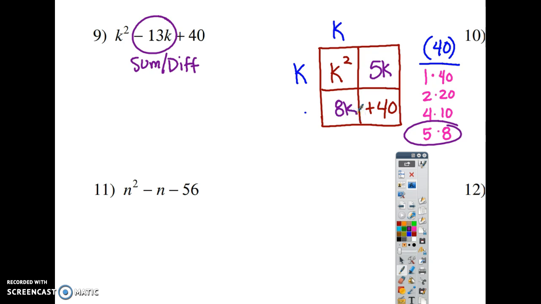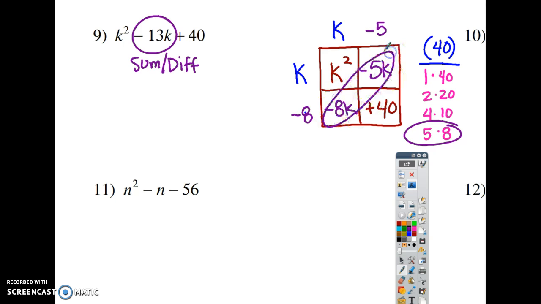But I need it to give me a negative 13. So both of these have to be negative. Put it in the calculator. Negative 8 plus negative 5 should give you negative 13. And when you multiply them, this is a negative 5 and this is a negative 8. When you multiply negative 8 times negative 5, it should give you a positive 40.